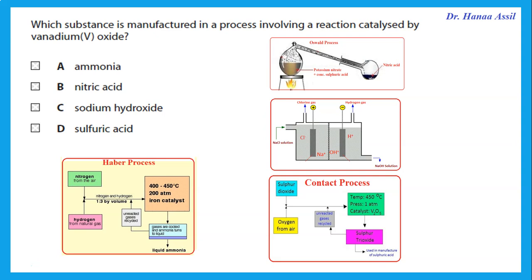The contact process involves reaction of sulfur dioxide with oxygen to form sulfur trioxide, and then the sulfur trioxide is used to manufacture sulfuric acid. Now, this reaction uses vanadium 5 oxide. So this is the one we are looking for. The catalyst here is V2O5.